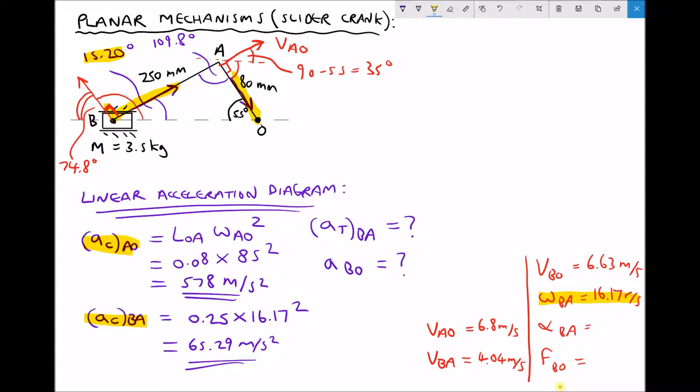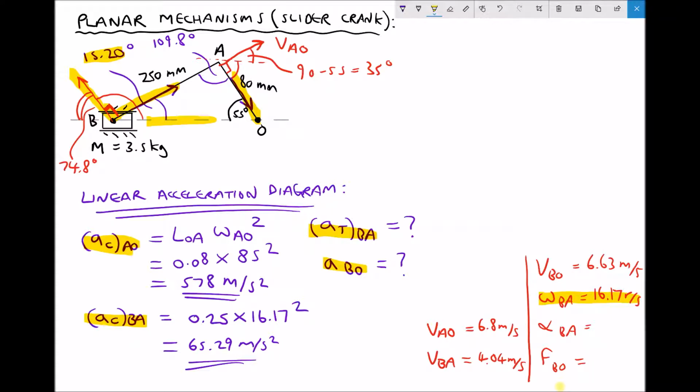We have a tangential acceleration of B relative to A, and we don't yet know its magnitude, but what we do know is its direction. Because it's tangential to the centripetal acceleration, it must be in the same direction as the previously drawn velocity vector for B relative to A. And finally, we don't yet know the magnitude of the acceleration of B relative to O, but again we know its direction. It's constrained and it can only move horizontally, so its direction must be horizontal.